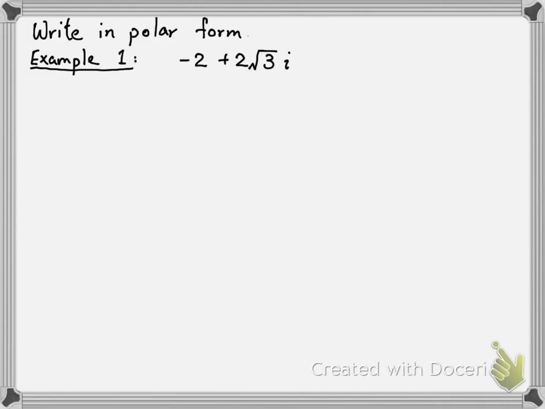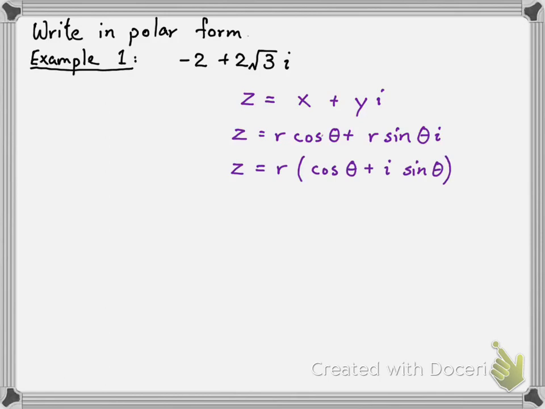Very nice. Recall that z equals x plus yi. Since we know x equals r cosine theta and y equals r sine theta, if we now factor out r, we will have the polar form of the complex number: z equals r times parentheses of cosine theta plus i sine theta.